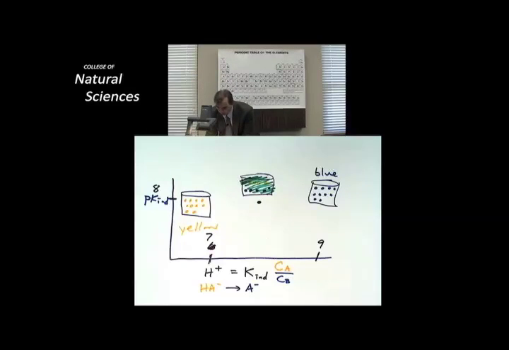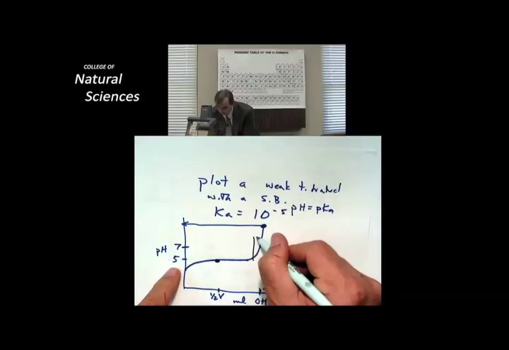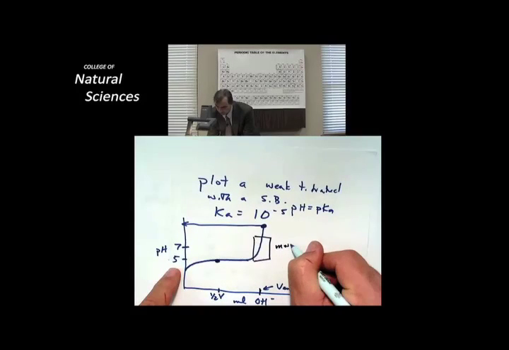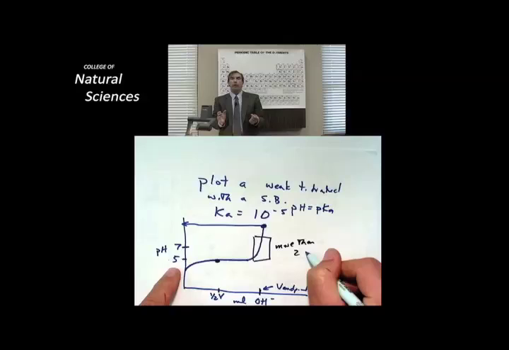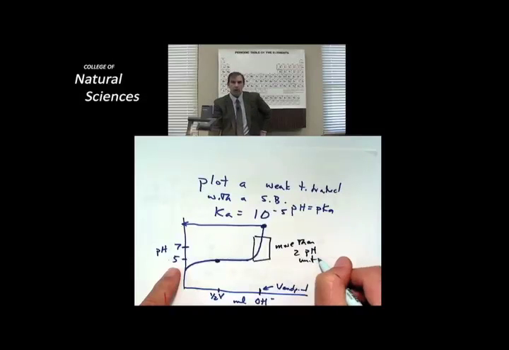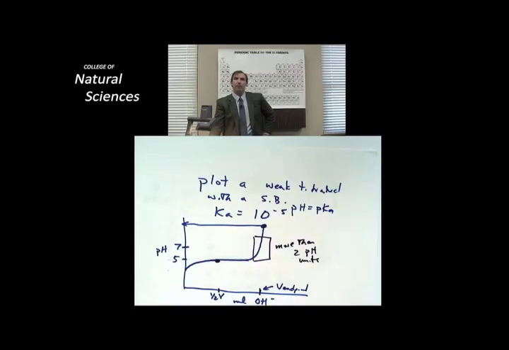Fortunately for us, when we look at pH curves, those pH curves usually span more than 2 pH units. And they occur very quickly. It takes very little volume to spike that up there.